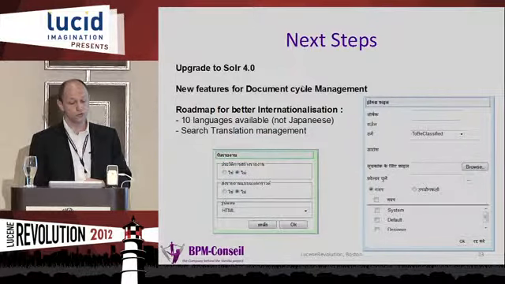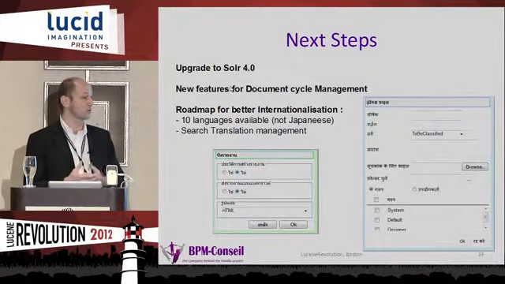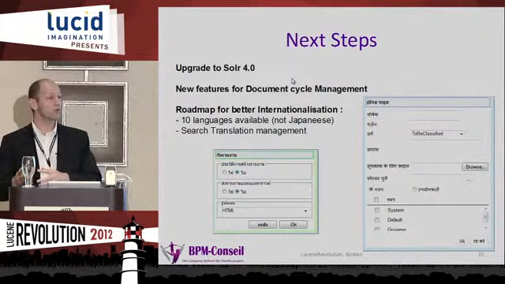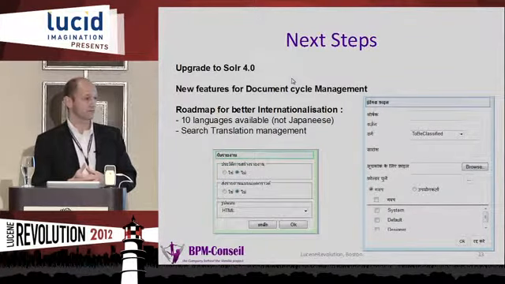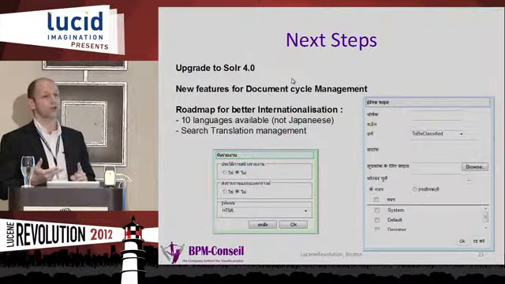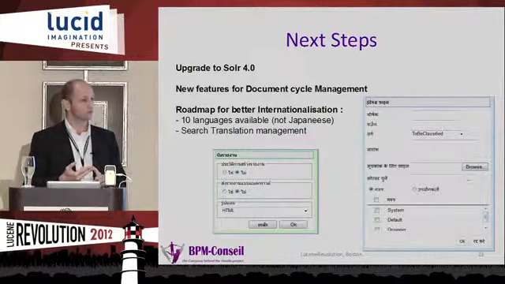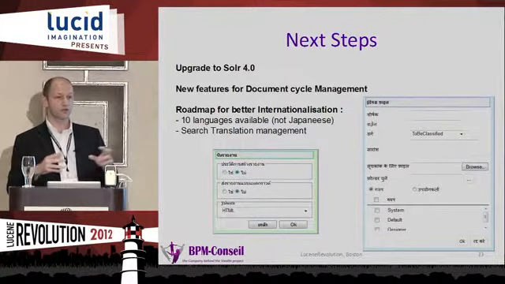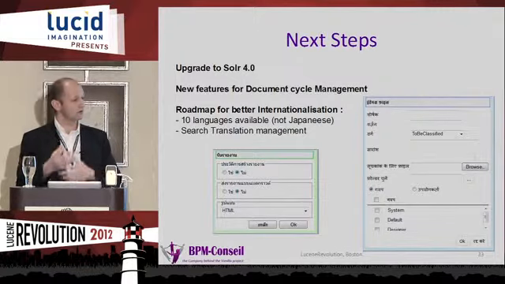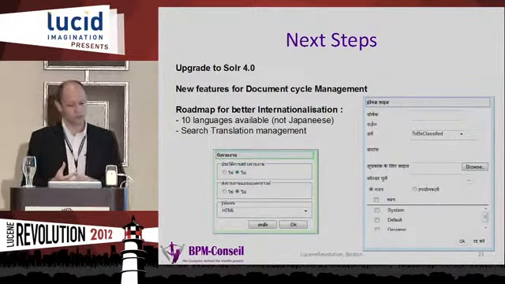We'll add some new features for document lifecycle management because we have a lot of questions and requests from customers about this. Like I told you before, can we compare two versions of a document, to look for specific keywords in different documents, without having access to the document or not? All those things we have to review.